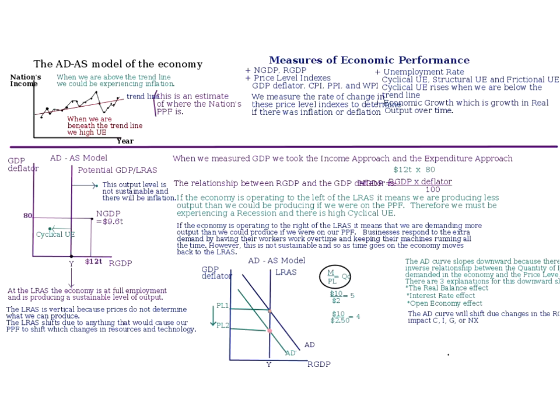So in the next session I'm going to talk about the different theories, and we're going to see how this approach, where you have a vertical long-run aggregate supply curve and a shifting AD curve, describes what happens in the economy, what kinds of theories support that kind of view, and then talk about different perspectives on the economy that might need a slightly different model of the economy. Okay, so I'm going to finish here.